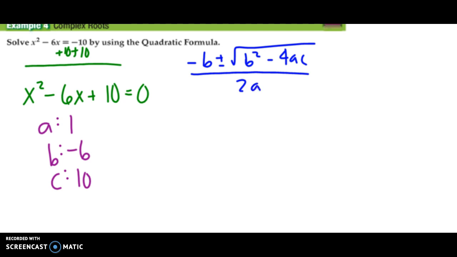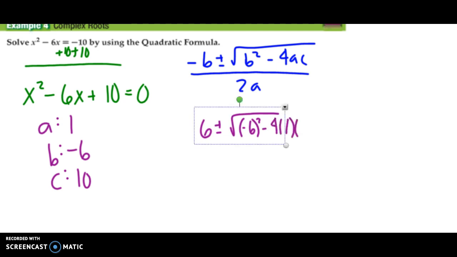Okay, so b is negative 6. So negative b is going to be 6 plus or minus the square root of b squared, which would be negative 6 squared, minus 4 times 1 times 10, all over 2 times 1.